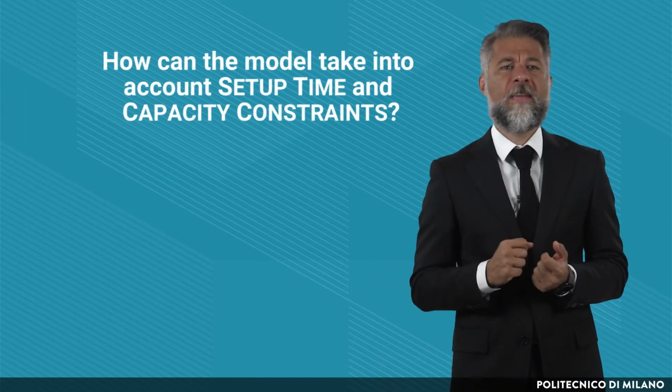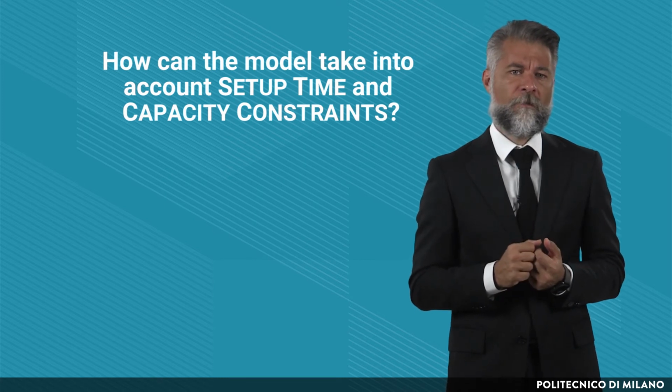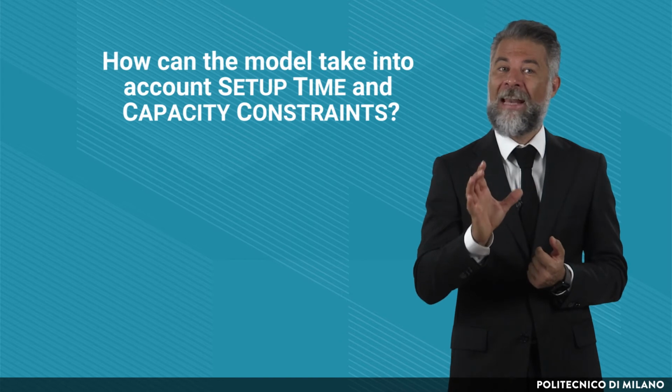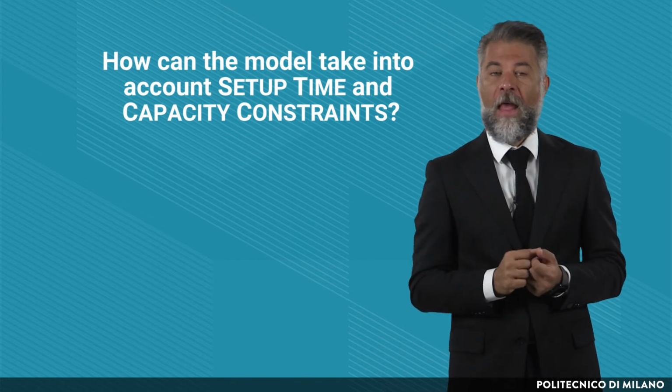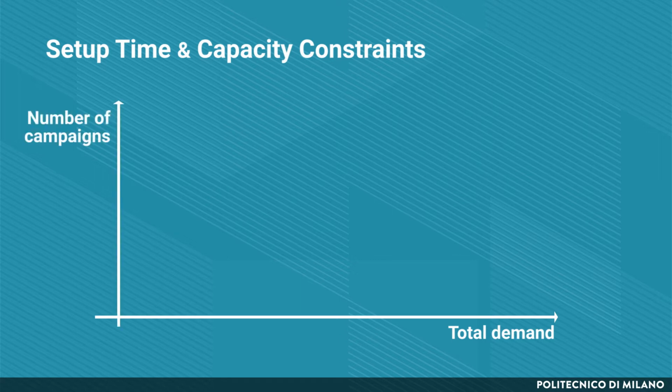How can the model take into account setup times and capacity constraints? A graphical representation of the optimal number N0 could help. Let's draw a graph having on the horizontal axis the total demand, expressed in equivalent units, and on the vertical axis the total number of campaigns.